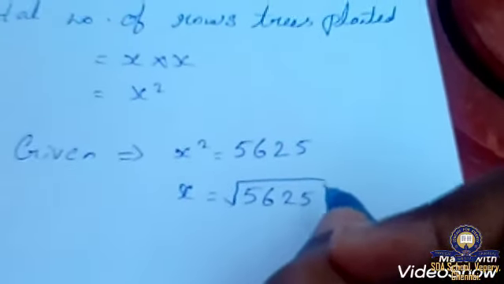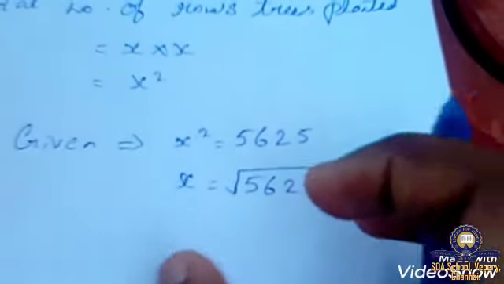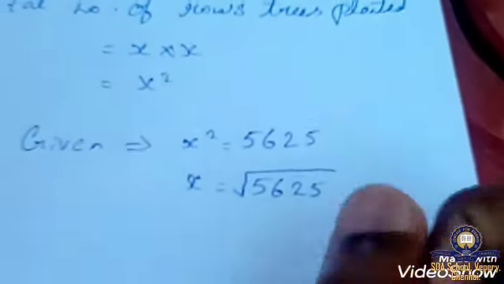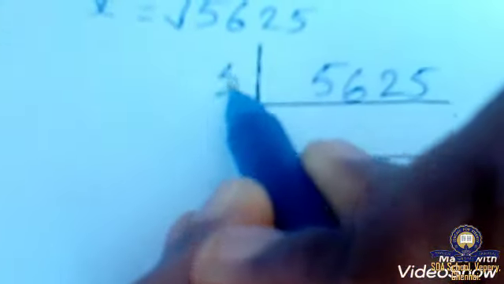So by using the prime method, we're going to find the x term. So now let's take 5,625.